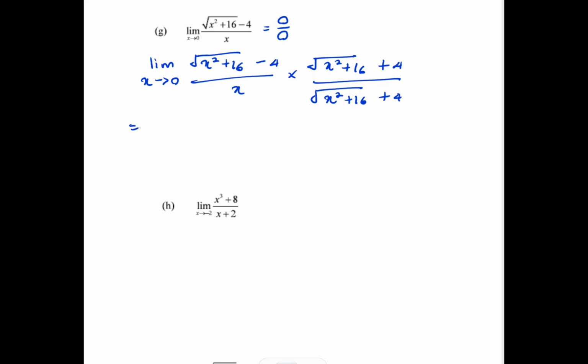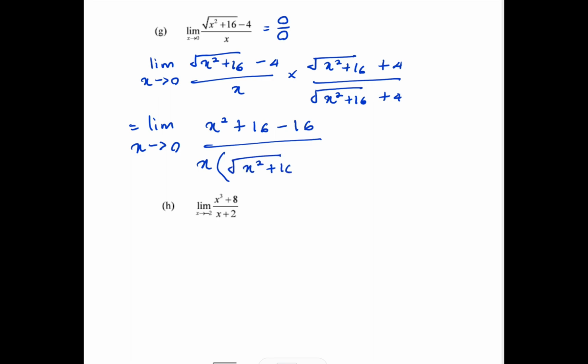So when you expand that one, you can get limit as x approaches 0 of (x squared plus 16 minus 16) divided by x times (square root of x squared plus 16 plus 4).